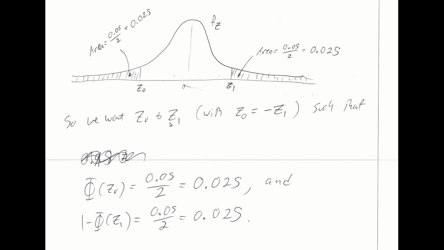We want symmetry in it because there's symmetry built into the standard normal density function. So z0 should be the opposite of z1, such that the area of the left-hand tail is half of that 5%, and the area of the right-hand tail is likewise half of that 5%. So a 5% chance that a standard normal shows up far away from 0, where far away is given by z0 and z1.